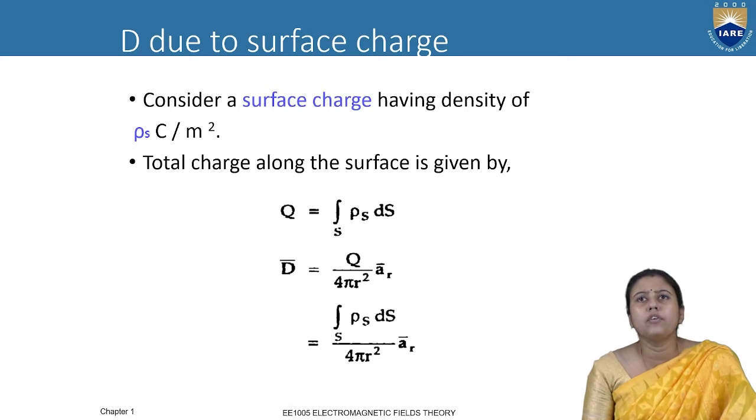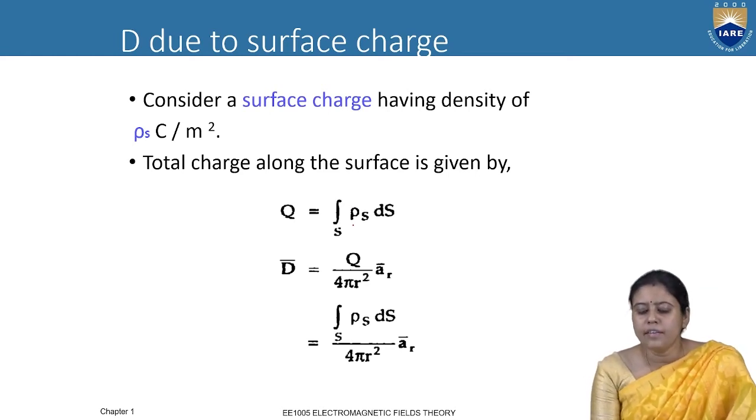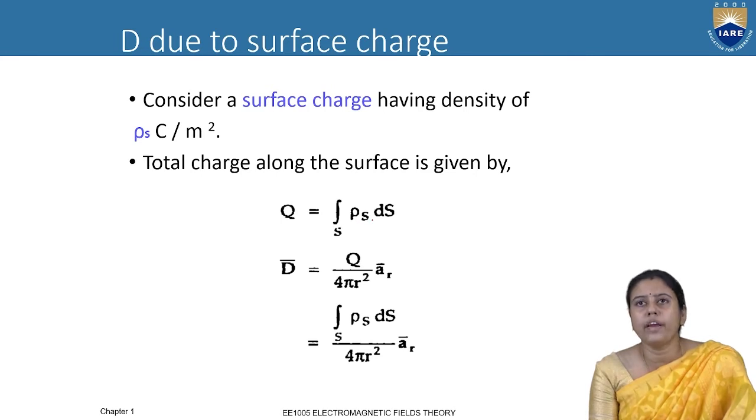Next, what will happen if we want to calculate the value of D due to a surface charge? For any surface, we assume that Q is equal to rho S ds.